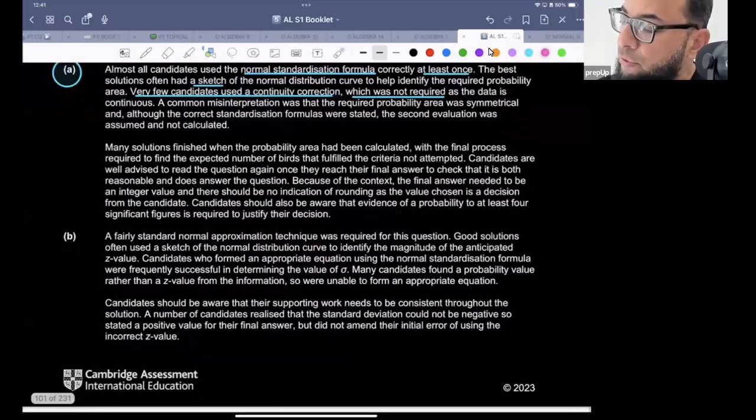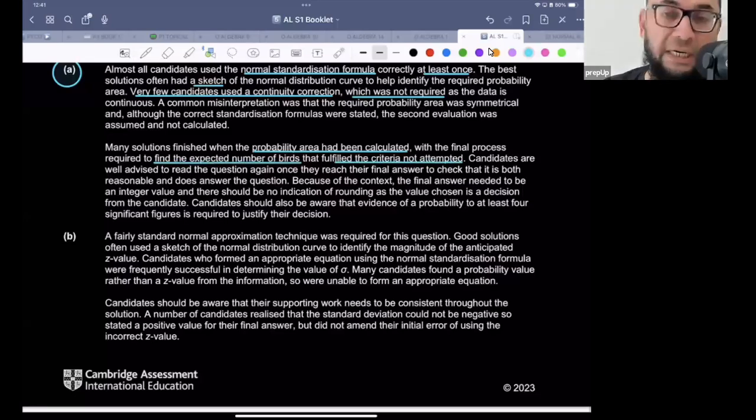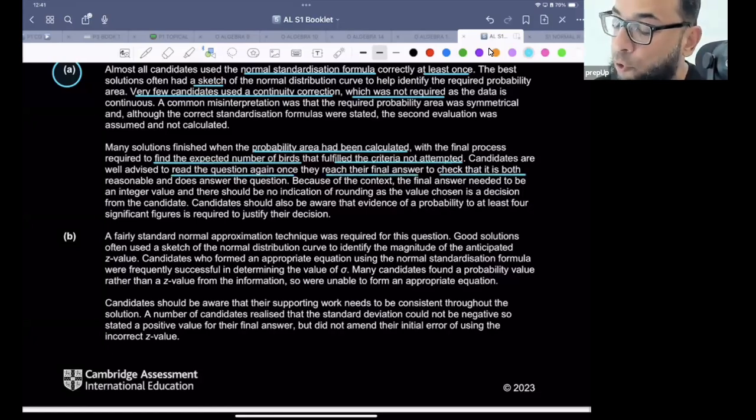And then many solutions finished when the probability area had been calculated, without the final process required to find the expected number of birds that fulfilled the criteria. Not attempted. People did not read the whole question. Candidates are well advised to read the question again once they reach the final answer to check that it is both reasonable, a very good advice, and does answer the question.